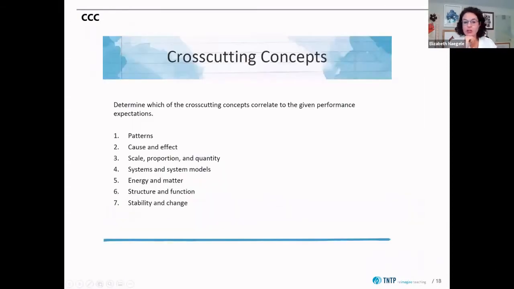Okay, and then the third element we want to talk about is the cross-cutting concept. Same question in the chat. Which of these cross-cutting concepts did you see in practice in this video? Or which were relevant to how the discussion played out?